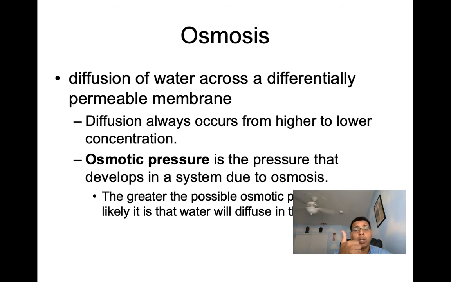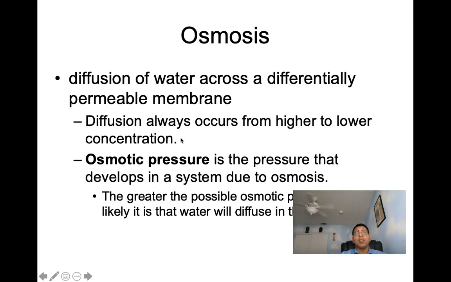You've got to understand what that means. Diffusion, we now know, is the movement from high concentration to low concentration. The diffusion of water, so the movement of water from a high concentration to a low concentration. So osmosis is the diffusion of water across a differentially permeable membrane, and this diffusion always occurs from high to low.